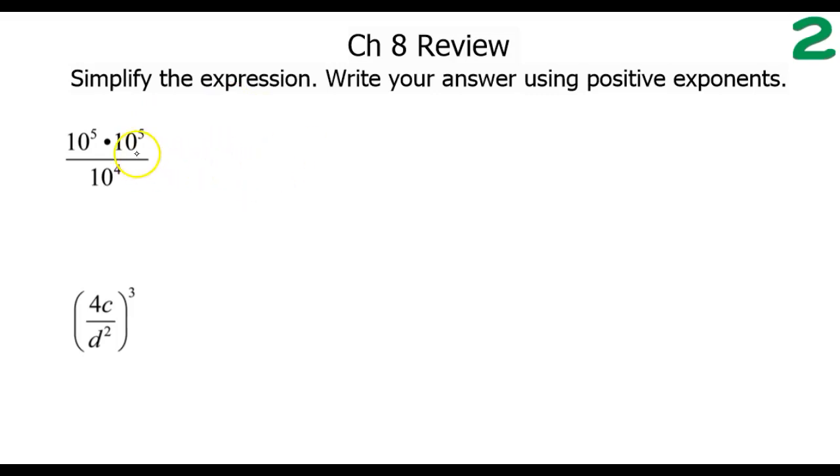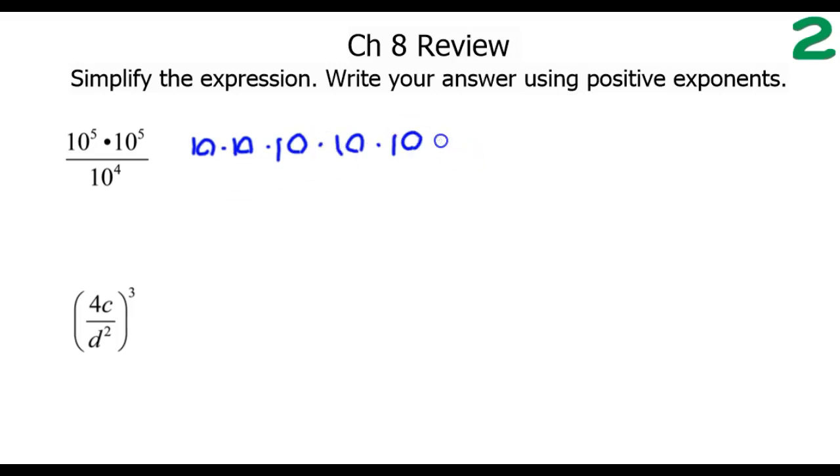Next, we have a multiplication problem on top and another number on the bottom. So what this is saying is we have 5 tens. So 10 times 10 times 10 times 10 times 10.